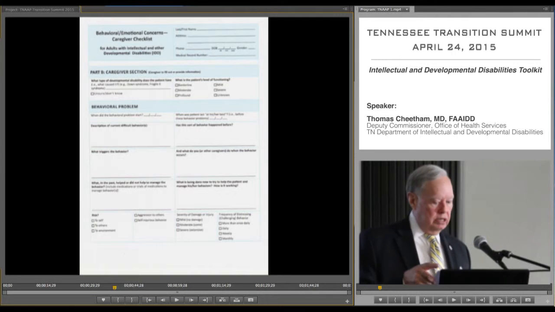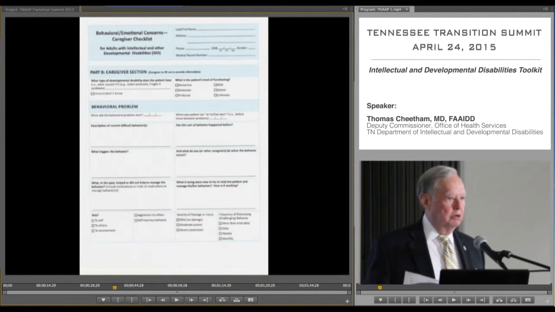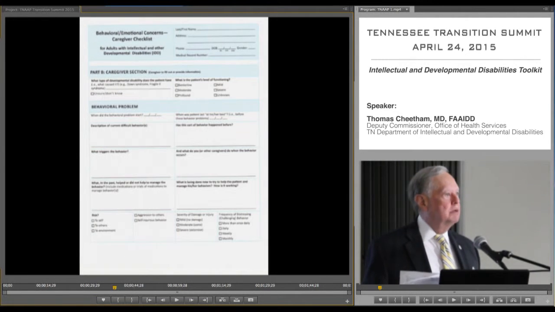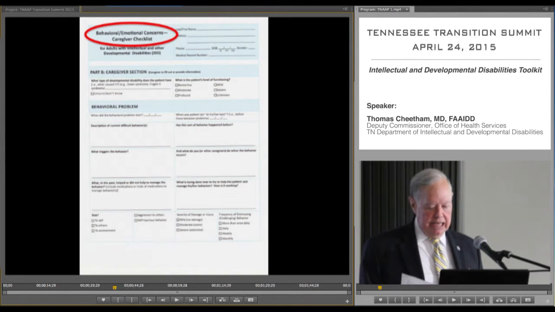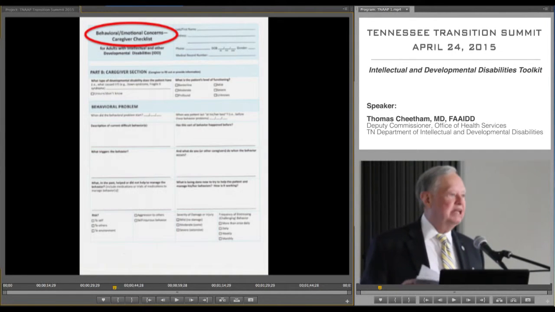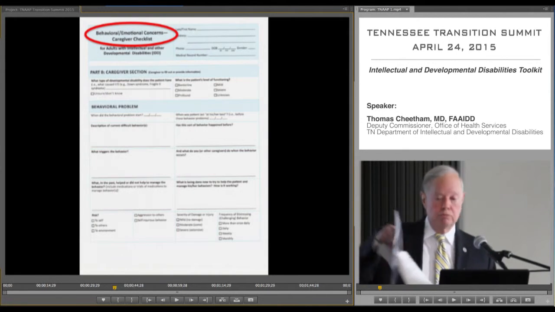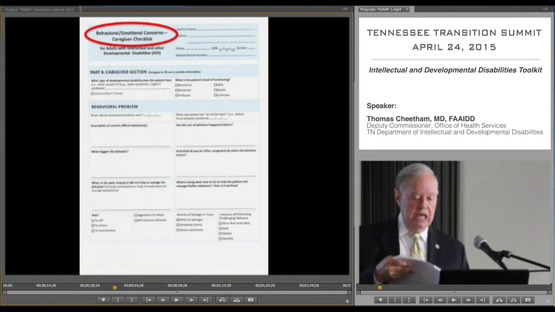So on page 31 is the caregiver tool, the companion to the one we just looked at. And so here we're collecting information to describe the behavioral problem in detail. We're looking at risk. Risk is important to know.